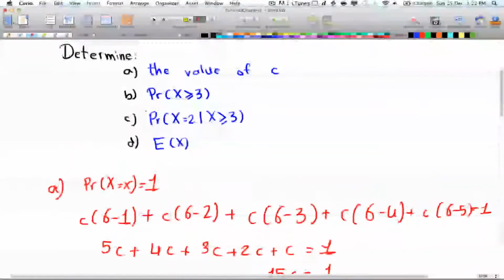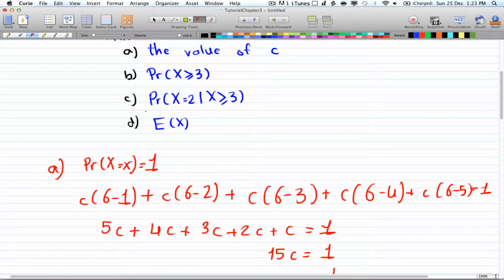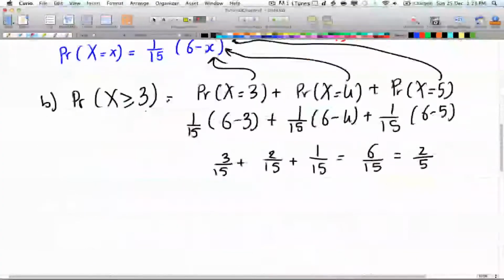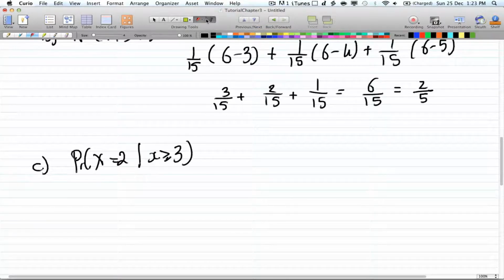Okay, and now we have the probability that x is equal to 2 given that x is greater than or equal to 3.